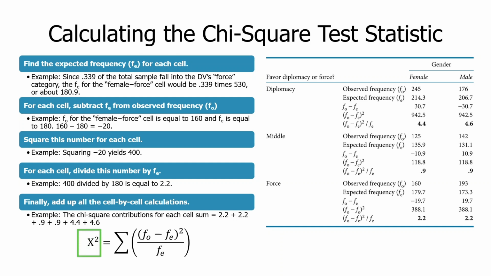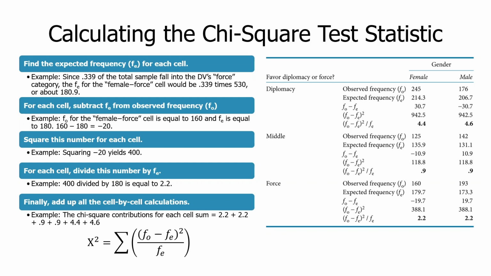It says for each cell in the table, take the observed frequency of cases, F sub O, subtract the expected frequency of cases, F sub E, which are the expectations under the assumption the null hypothesis is correct, square that value, and then divide it by the expected frequency for each cell. Each cell then has a number in it that summarizes departures from the null hypothesis expectations.